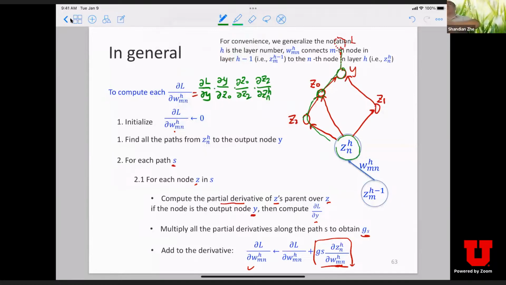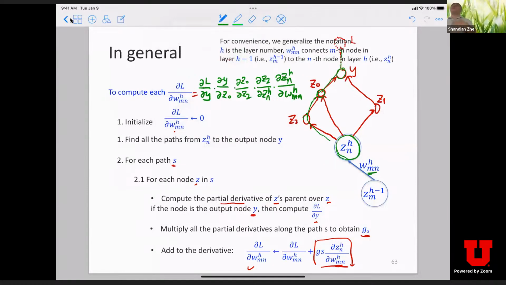You finish computation and the multiplication of partial derivatives along the first pass. And then don't forget, you need to multiply the partial derivative of this end node with respect to our target weight, which is partial ZNH over partial WNH. Is that done? Not yet.